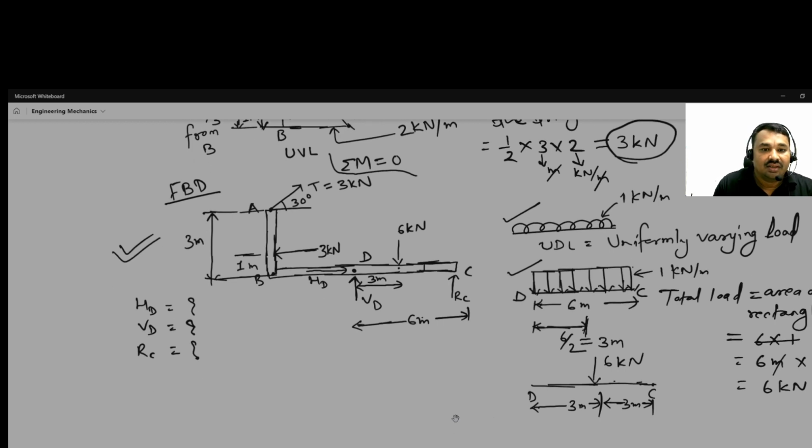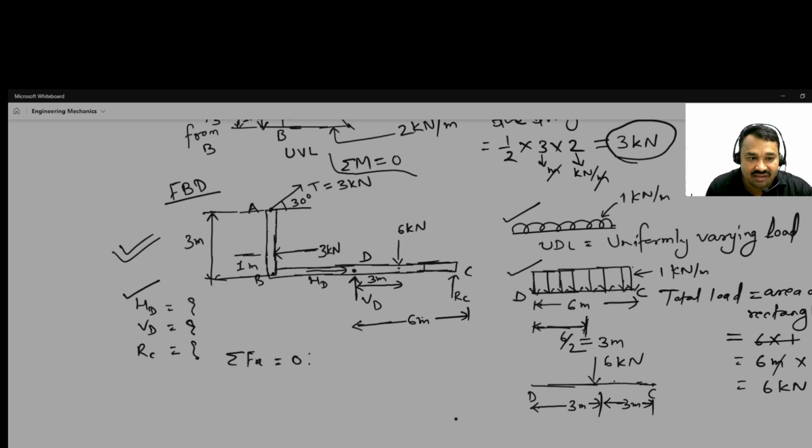Okay, so from where we can get the value easily? Suppose Fx is equal to 0, because there are only two horizontal forces acting in this structure. So let us apply this so that easily we can get the answer, and we feel like, yeah, something we have achieved.